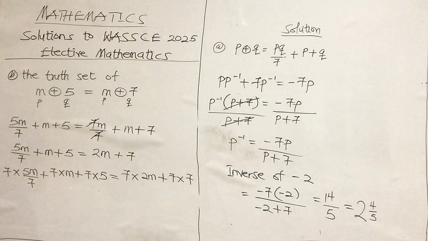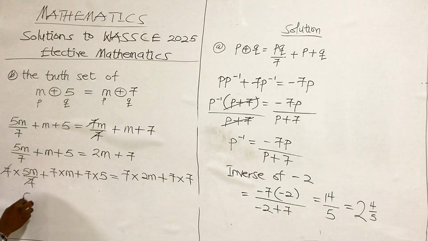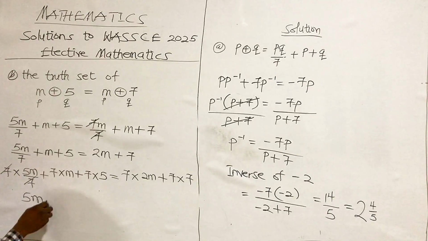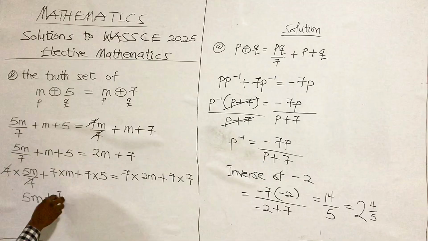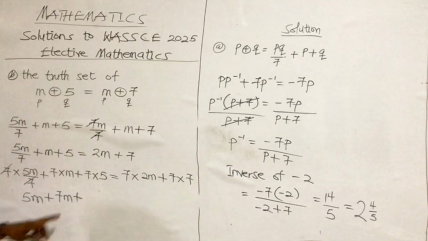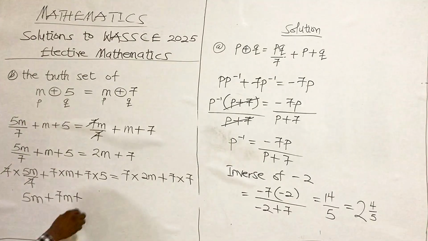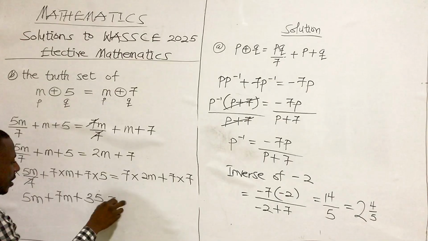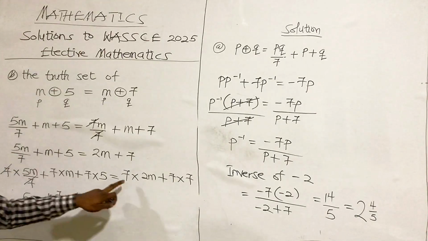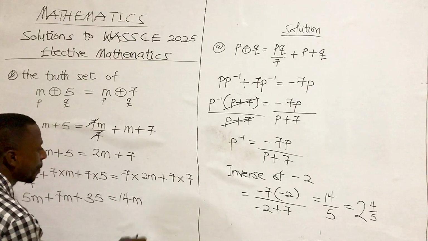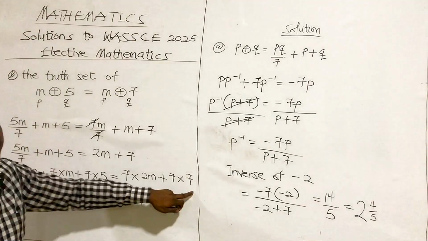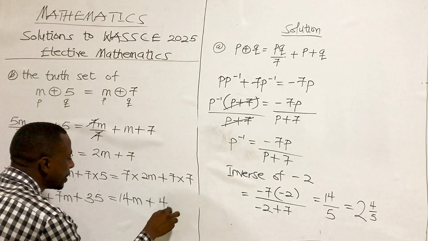So when you get here, we are going to simplify. 7 will take off 7. We have 5m plus 7 times m. We are going to get 7m plus 7 times 5, we have 35 is equal to 7 times 2m, we have 14m plus 7 times 7, we have 49.